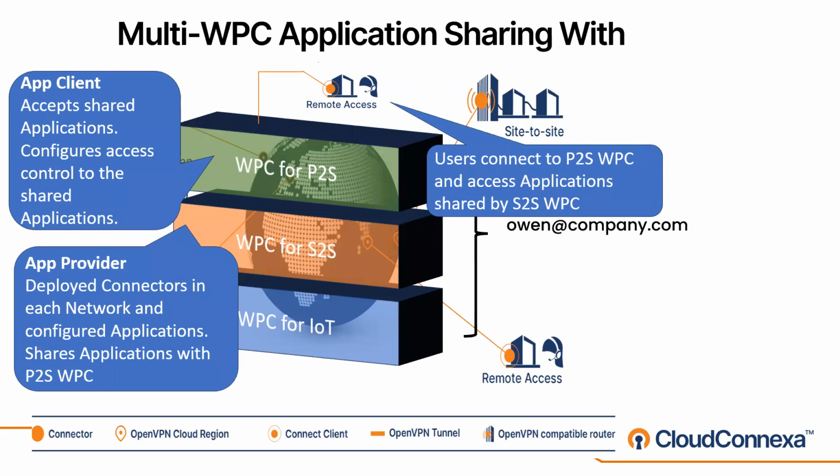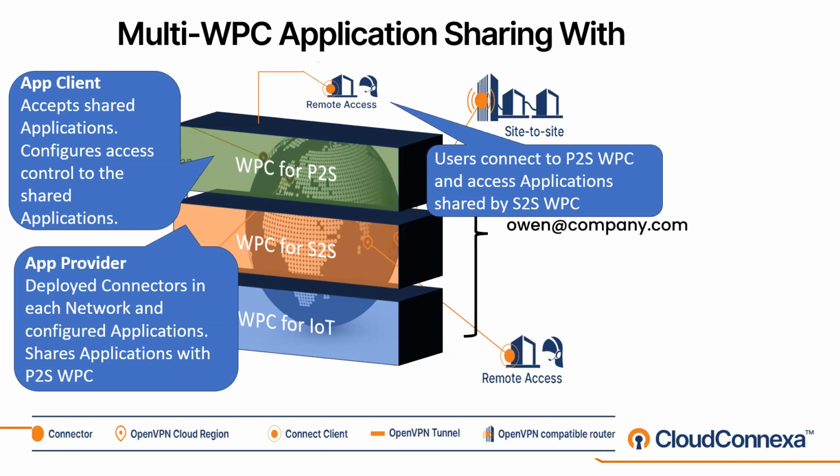I already provided one given Sean's privileged access WPC, but here's another example and some of the terms that you are going to hear with App Hub. So here, going back to our multi-WPC example, we have a WPC for site-to-site. Obviously, it's going to have connectors in all the networks which have application servers in them.